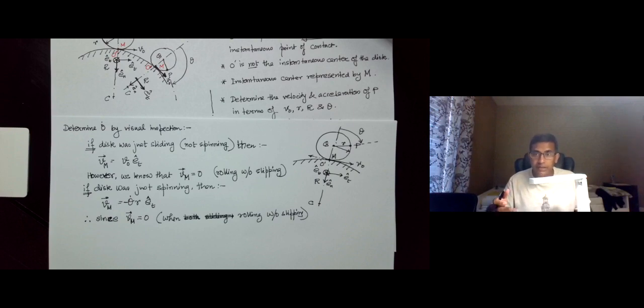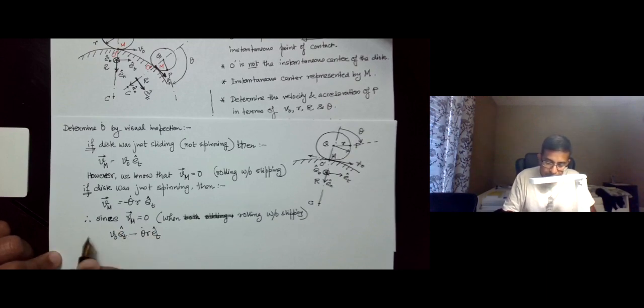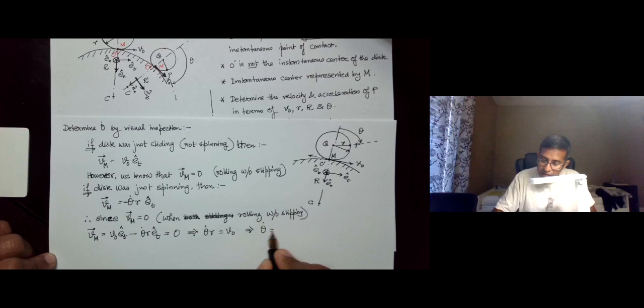Okay, the spinning action actually causes the slip between the two surfaces to become nullified. Okay, because this is true, therefore V naught ET minus theta dot r ET, so Vm is equal to this and this is equal to 0, meaning that theta dot r is equal to V naught, which means theta dot is equal to V naught divided by r.